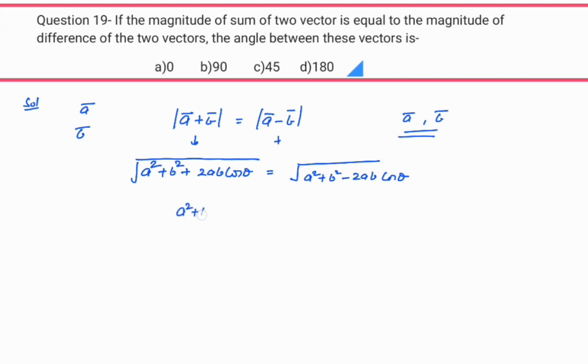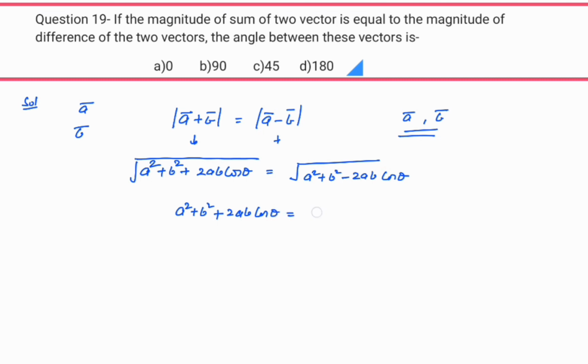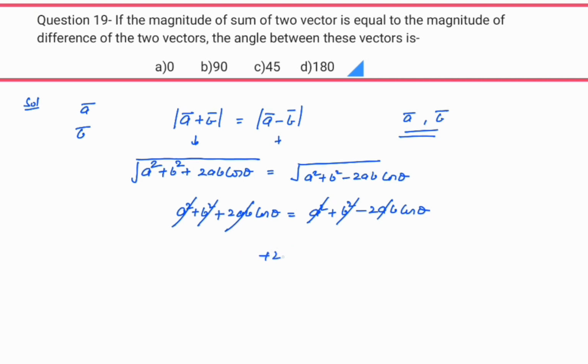A squared plus B squared plus 2AB cos theta is equal to A squared plus B squared minus 2AB cos theta. A squared, B squared, A squared, B squared cancel, 2AB, 2AB. Okay, then what you will get? Plus 2 cos theta is equal to minus 2 cos theta.